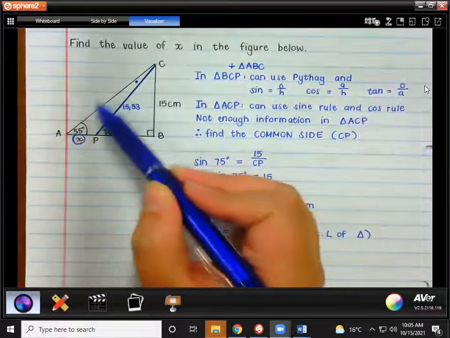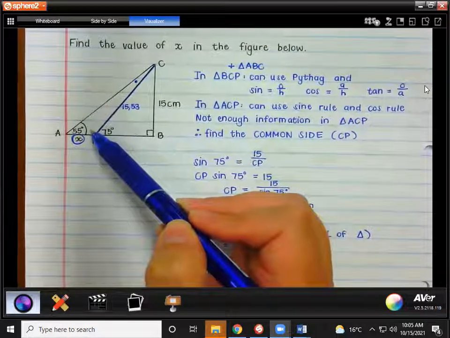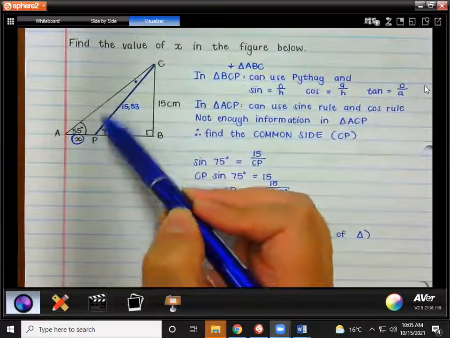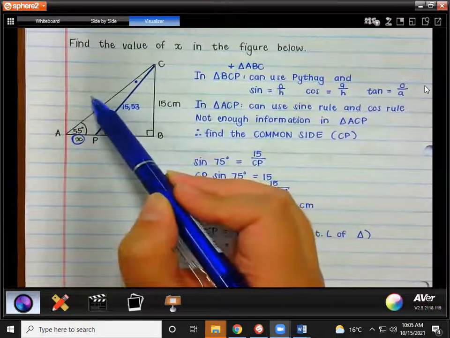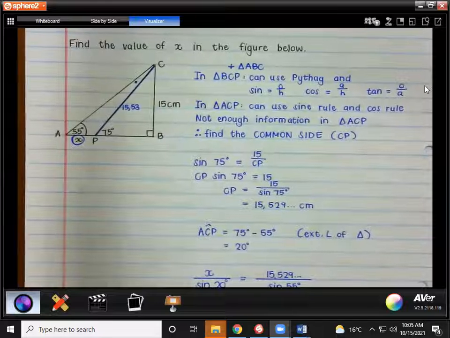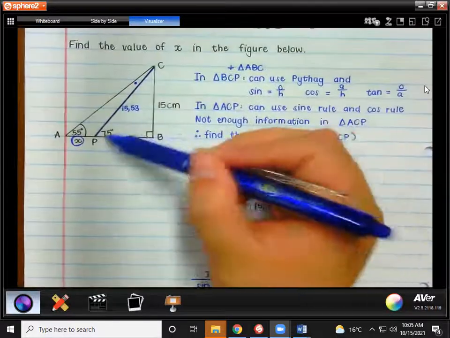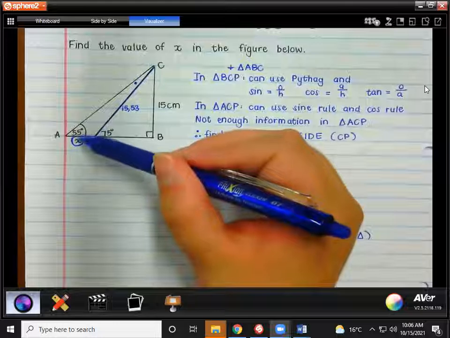Now, guys, you would have been able to do it if you could find AC as well, because you could find that angle there using angles on a straight line. But then if you want to use sine rule with this angle, you would need AC. Now, would there be a way in which we could find AC? If we just have the black stuff, right? We just had 15 centimeters and that's 75. We had the 55.